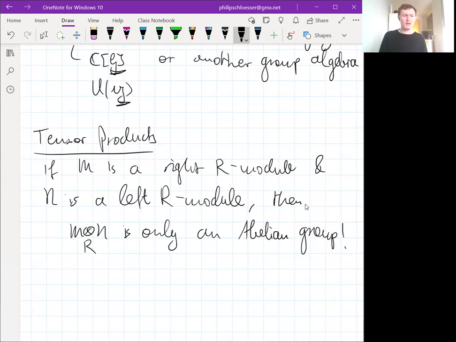Reason being, what this thing means is that when small m and small n are elements of big M and big N, and small r is a number, then this structure only allows us to write down this relation.